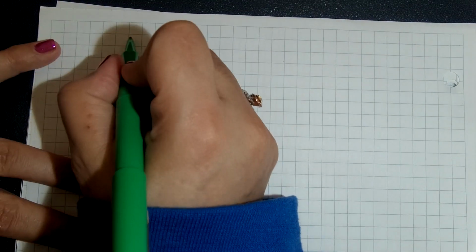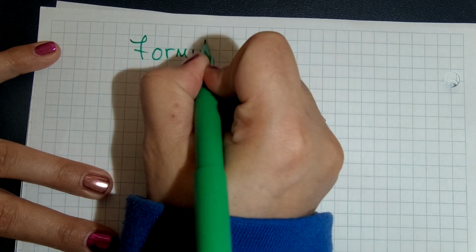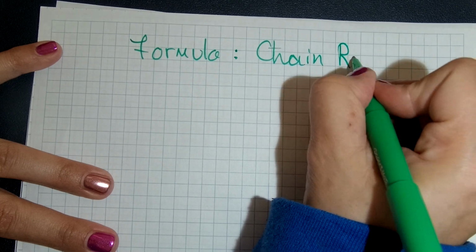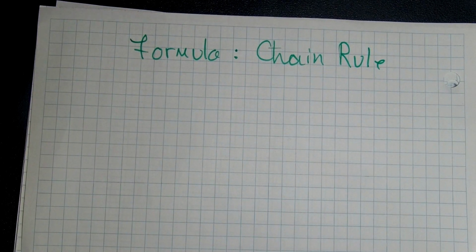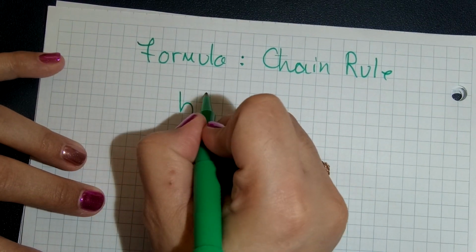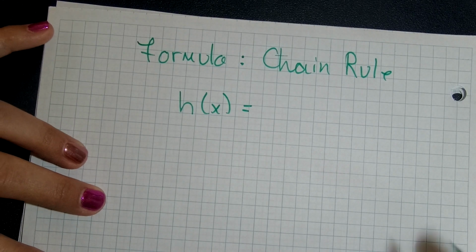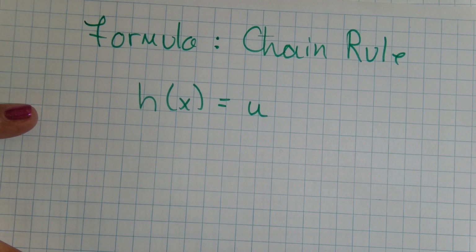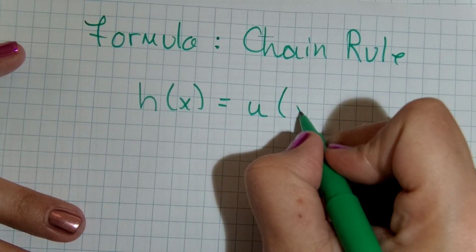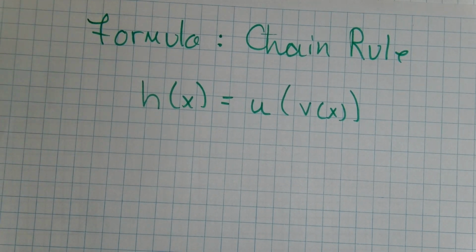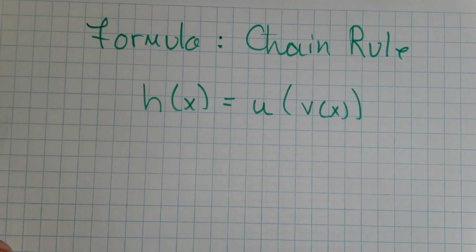Okay, so here is the formula. If we have a composition, so if we have h of x, u is going to be our outside function, and I'll label that in a second. Can you guys see that color? Okay.